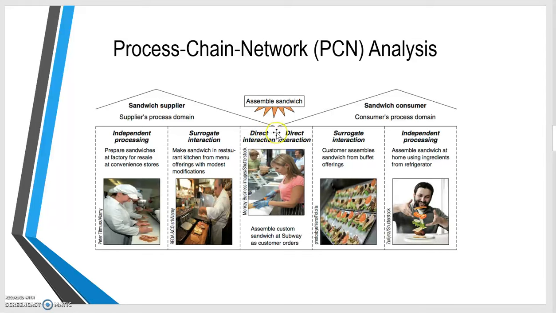Direct interaction occurs at the assembly of custom sandwiches at Subway as customers order. From the consumer side, surrogate interaction: customer assembles sandwiches from buffet offerings. Independent processing: assemble sandwich at home using ingredients from refrigerator.